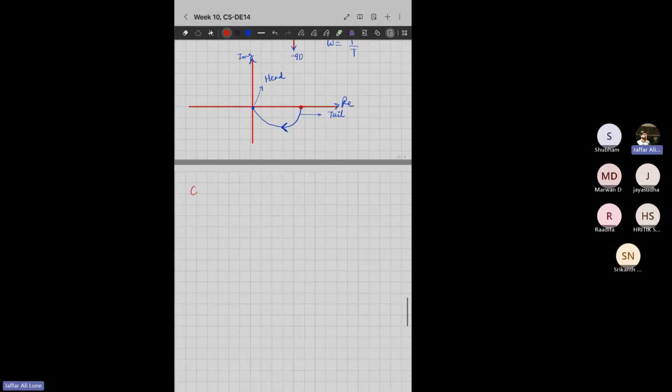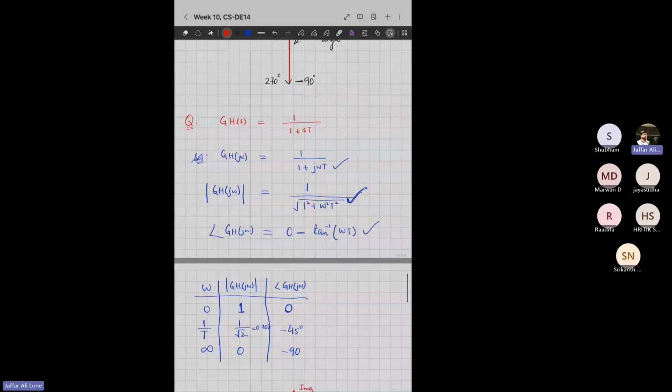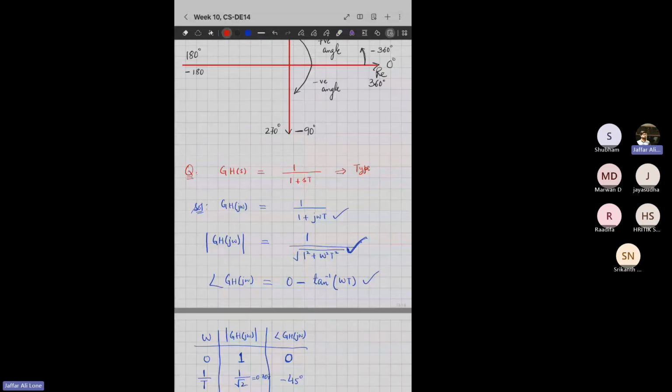Let's move on quickly, because we have to actually stop at the Nyquist plot. So this is the polar plot. Now let's do one more polar plot of this transfer function, 1 plus... See, if you look carefully, this is a type 0 first order system.